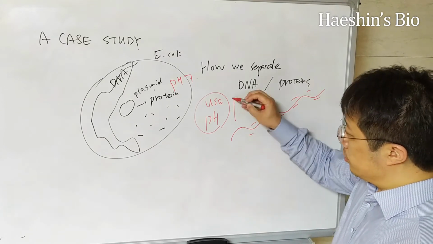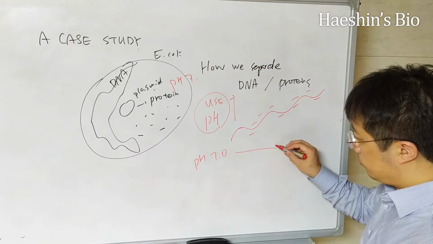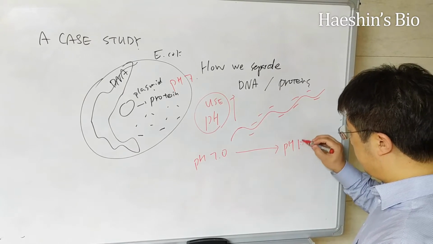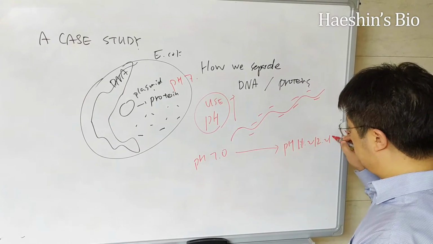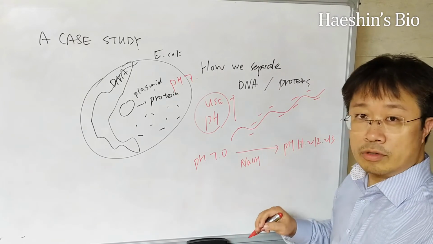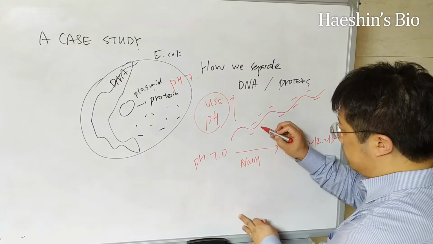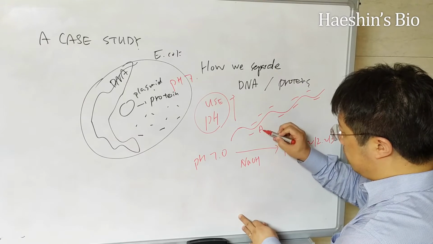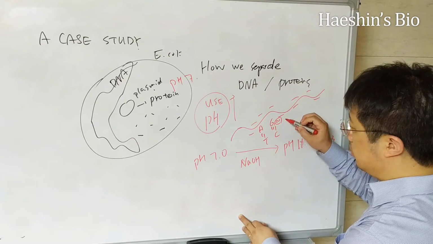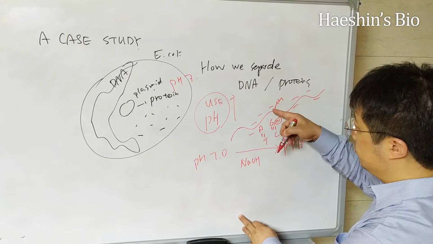Then the pH is increased, from 7 to about 11, 12, even 13, by adding sodium hydroxide. What will happen is that in the DNA you have all the A, T, G, C, all the amine-containing groups, and even the phosphate has an OH.